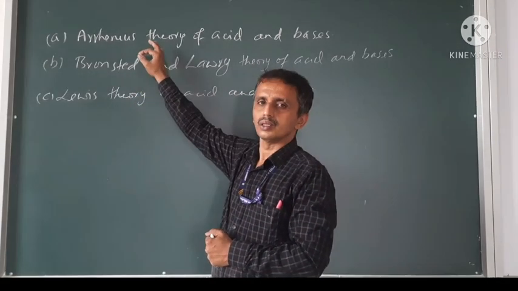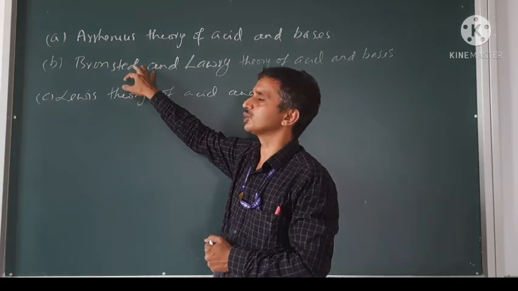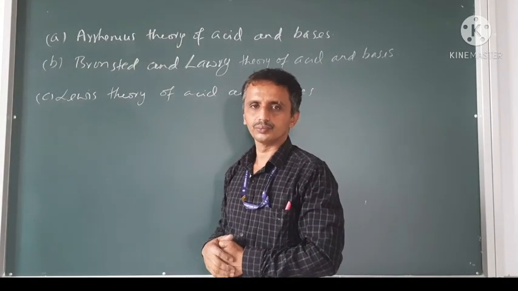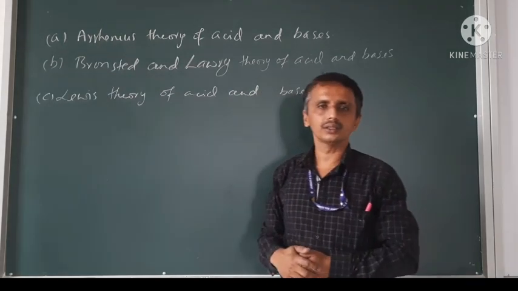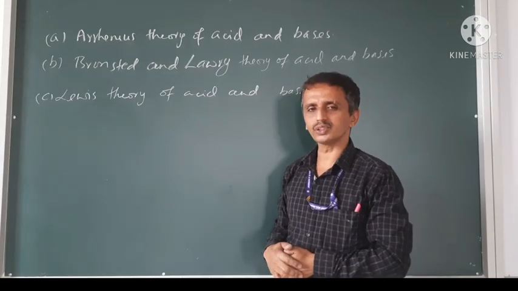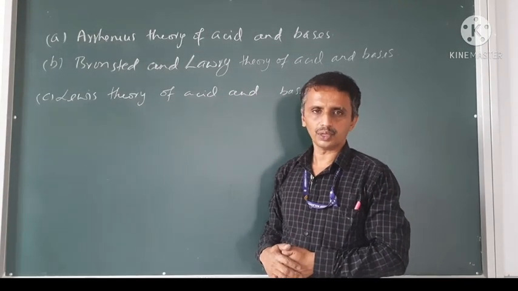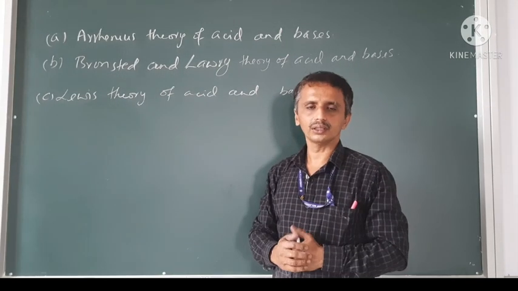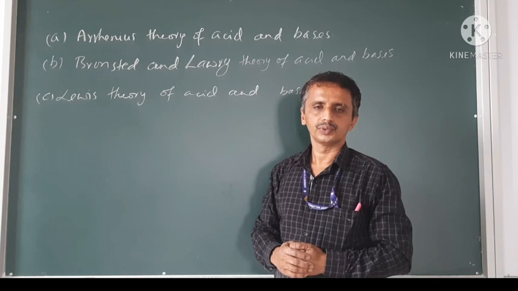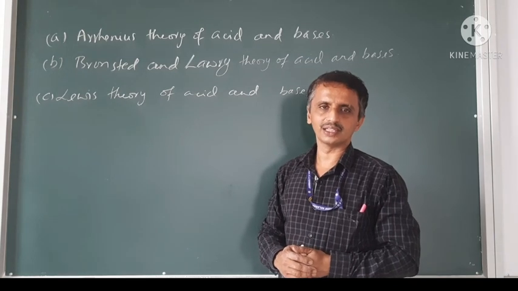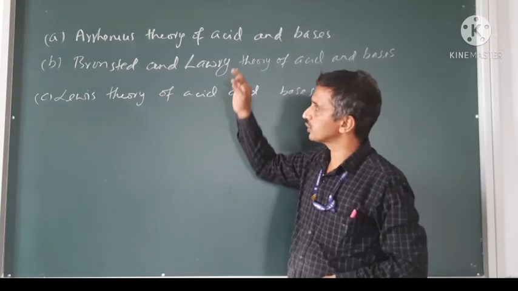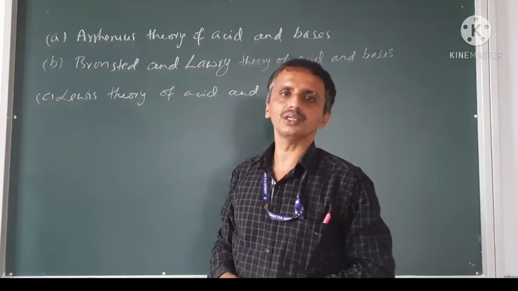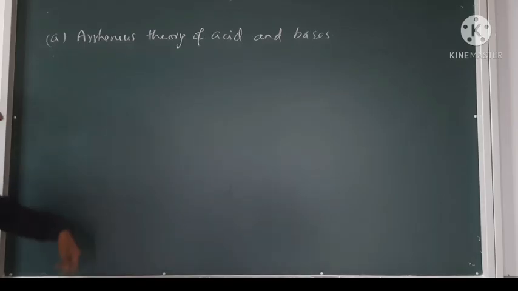There was almost a similarity with Arrhenius. Then in Bronsted-Lowry also there were drawbacks or demerits, so Lewis gave another theory of acids and bases. So first, see Arrhenius theory of acids and bases.